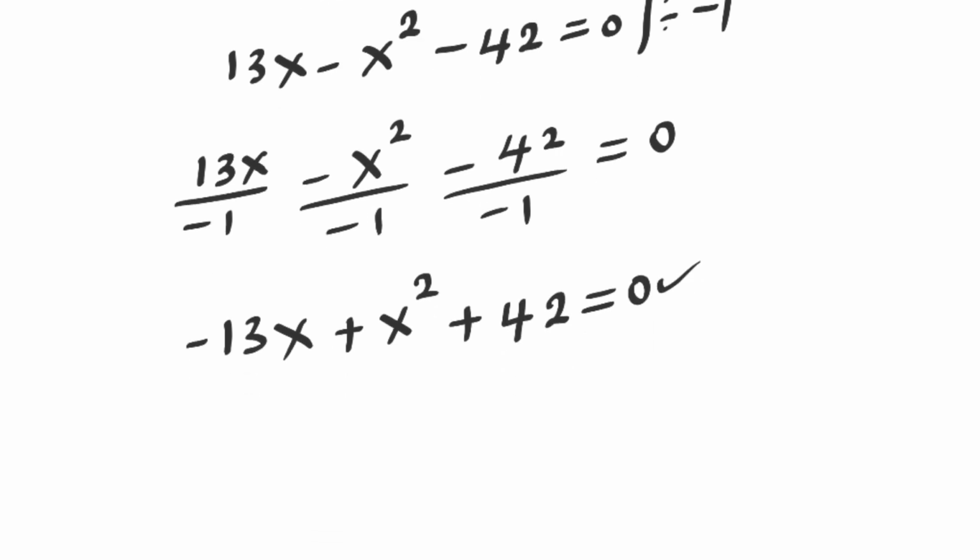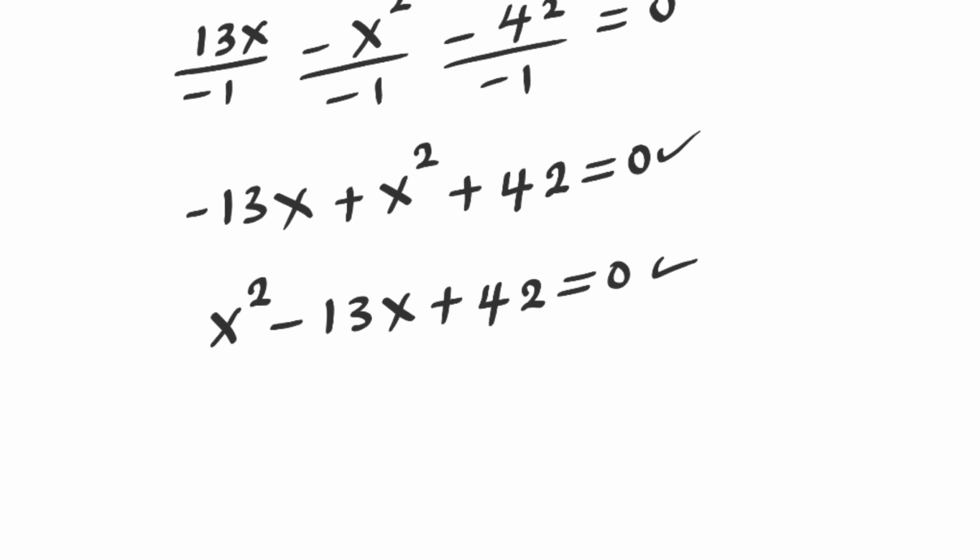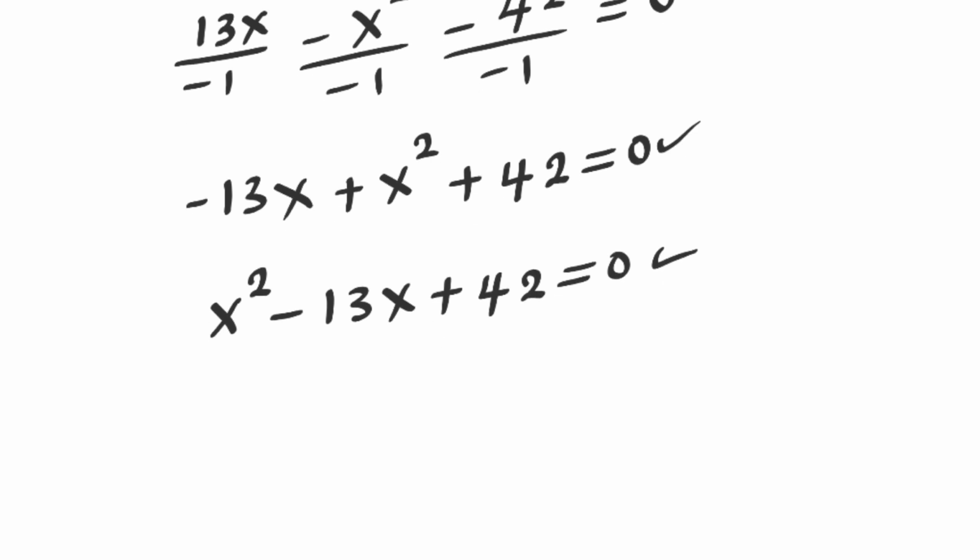Let us put this in standard form. x squared minus 13x plus 42 is equal to 0. This is a quadratic equation. Let us solve this using the factorization method. We look for two numbers such that the product will be equal to 42 and the sum will be equal to minus 13x.